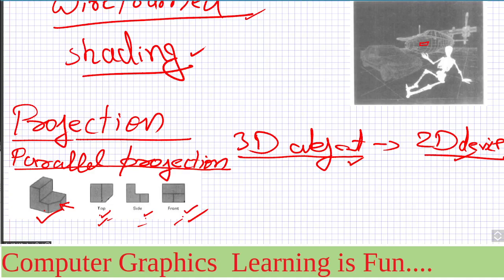It may be useful in some engineering and architectural drawing also, where you may be interested sometimes in looking from one particular angle. From that particular angle, how will it look? It is true that we definitely want to look from an angle, but there is something which is missing.